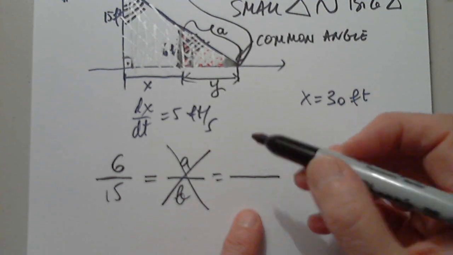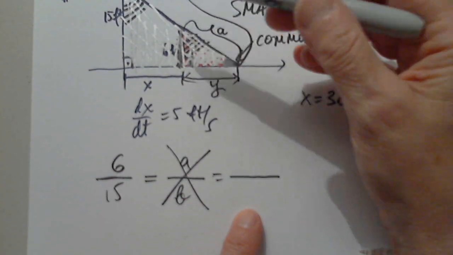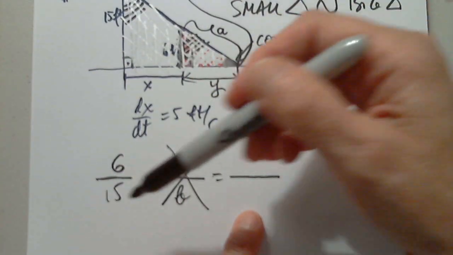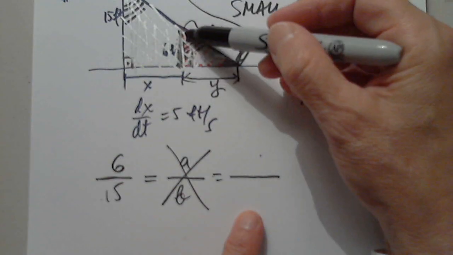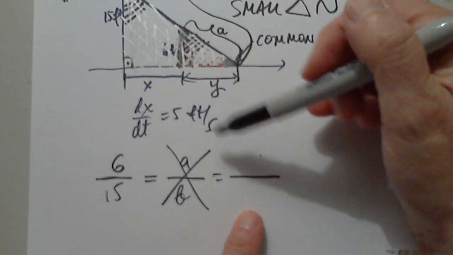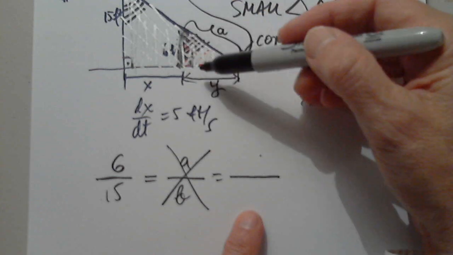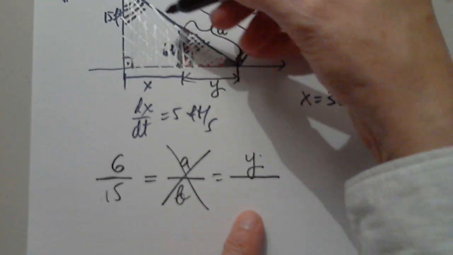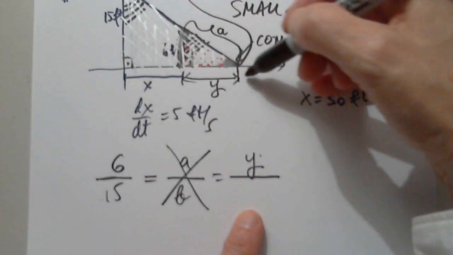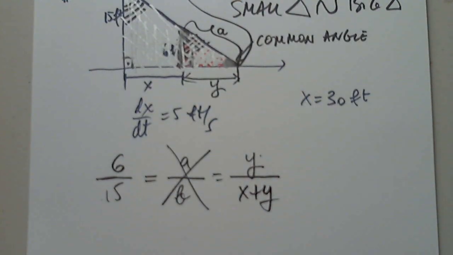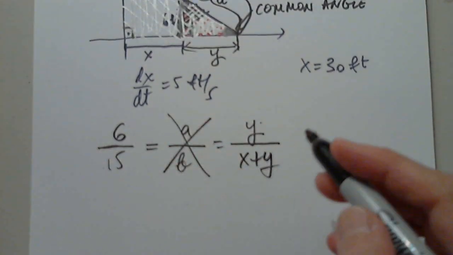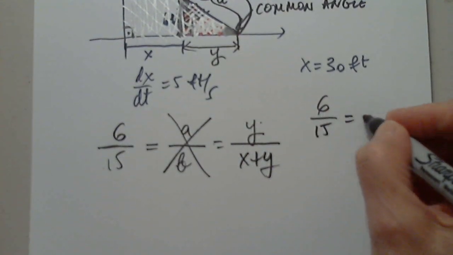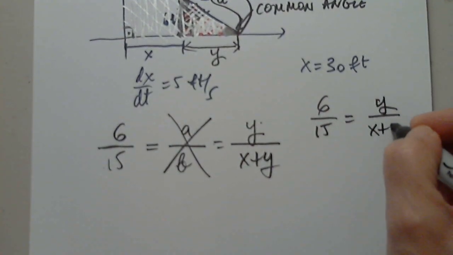Okay, and finally, I'm right here. All these come from the small triangle and all these come from the big triangle. So the final step here, the opposite is y, and the equal or congruent angle, the opposite is x plus y. And now this is a proportion. 6 over 15 equals y over x plus y.